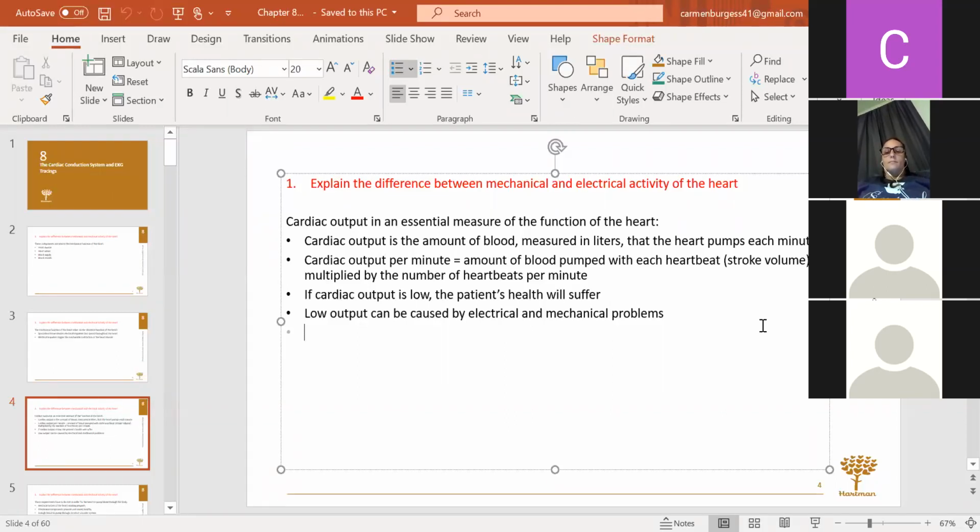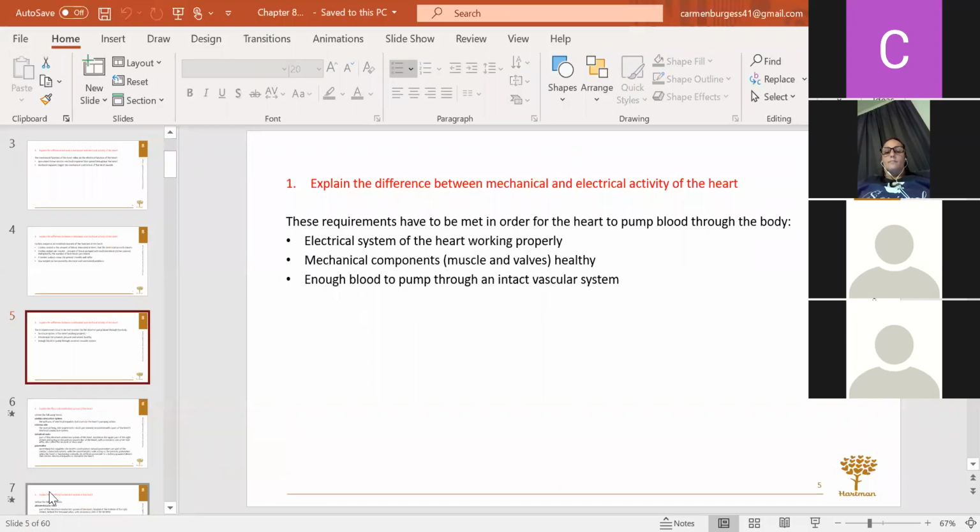Your mechanical heart and electrical heart work together. They both have to be met in order for blood to pump through the body. So if you don't have electrical or mechanical activity going on, are you getting blood pumped through your body? No.